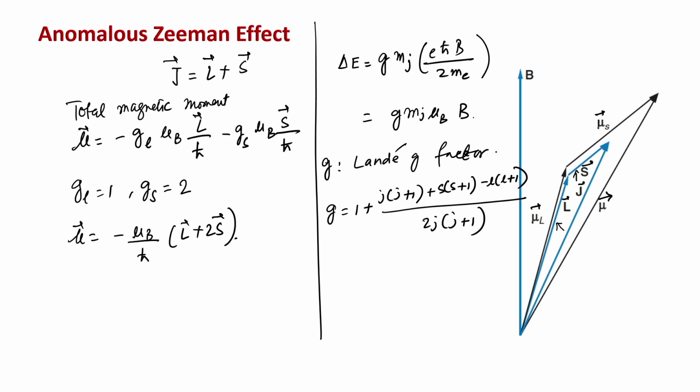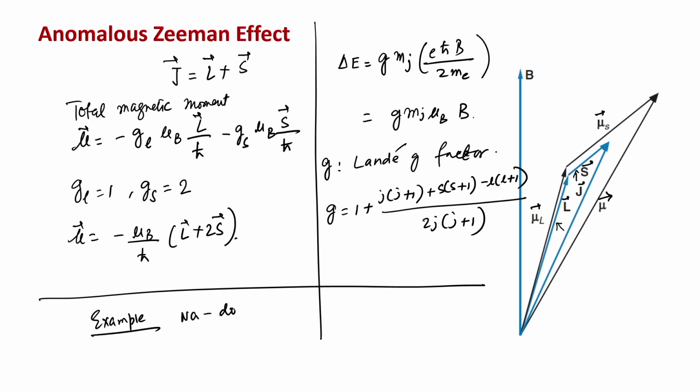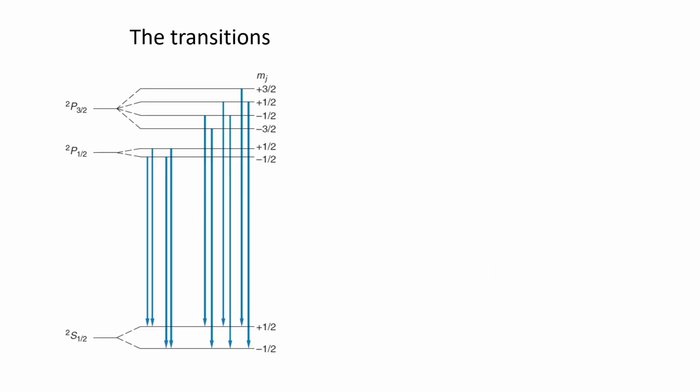So, one can take an example for this, the sodium doublet line splitting. So, this example could be sodium doublet lines involving 2p 1/2. So, that is L equal to 1, and 2p 1/2, and then it is 2p 3/2 and 2s 1/2. And if you draw these lines, they look like these transitions that you see there.